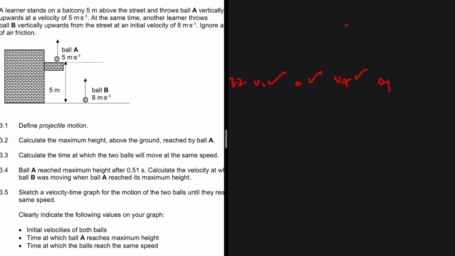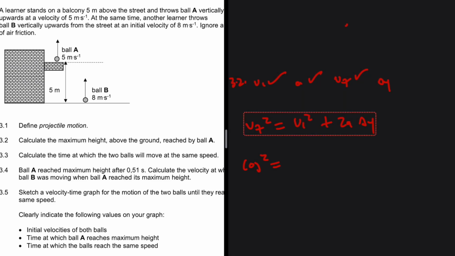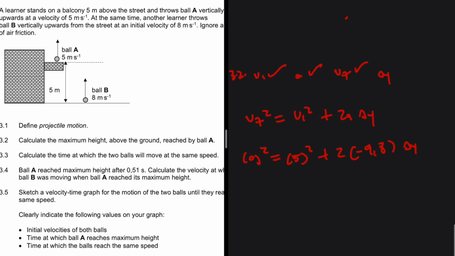Looking at these variables, it should be obvious that we need to say VF squared is equal to VI squared plus 2A delta Y. So VF squared, that is 0 squared, which is equal to VI squared, taken as positive. VI squared is 5 squared, plus 2 times the acceleration, minus 9.8, times delta Y, which is what we're interested in.